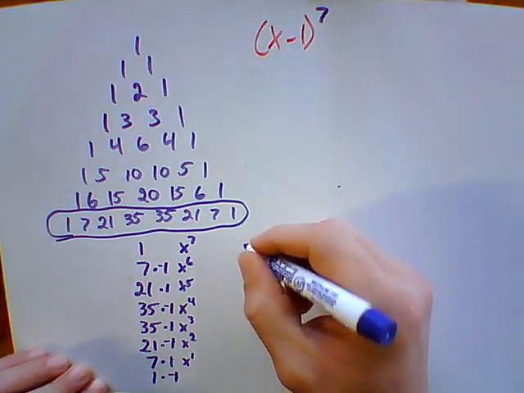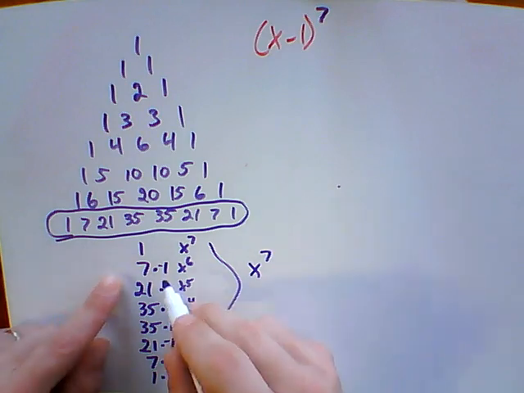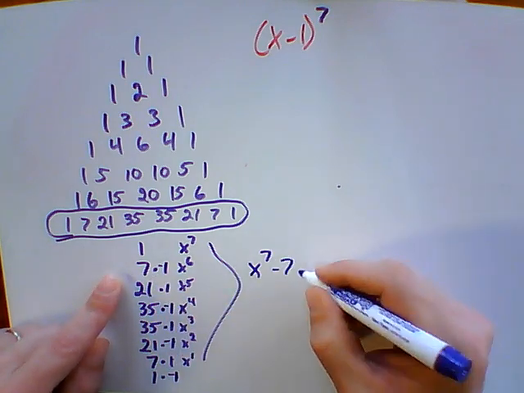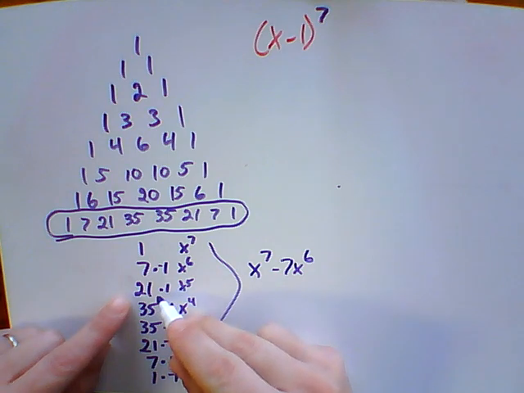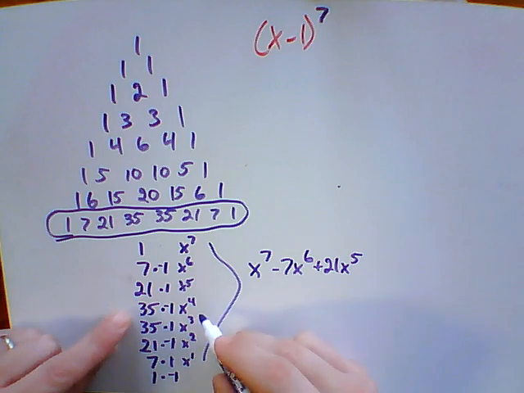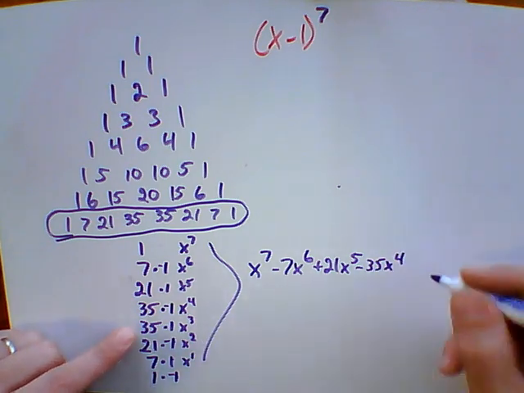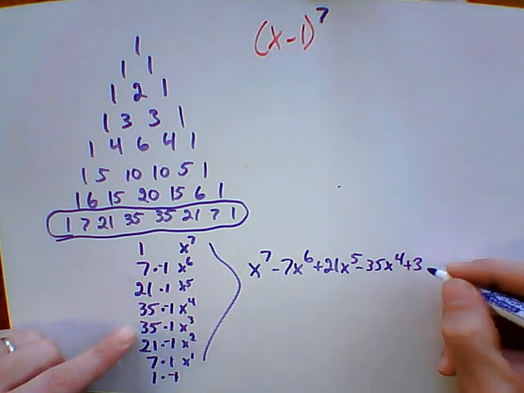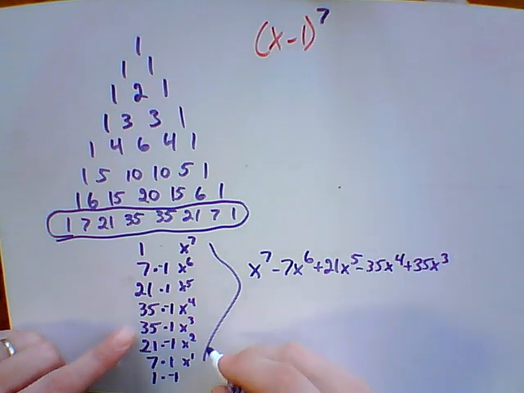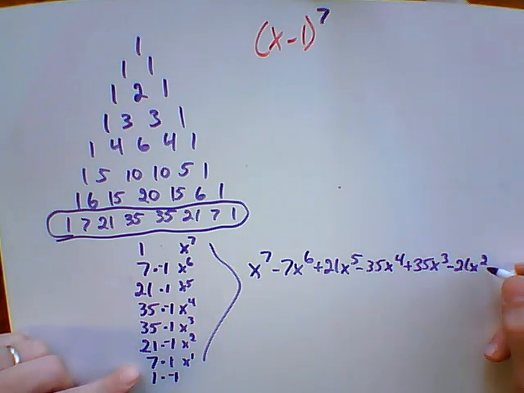So that, which was going to be an ugly math problem, is now just X to the 7th, minus 7 X to the 6th, plus 21 X to the 5th, minus 35 X to the 4th, plus 35 X to the 3rd, minus 21 X squared, plus 7 X, and I'm going to run out of room, minus 1.